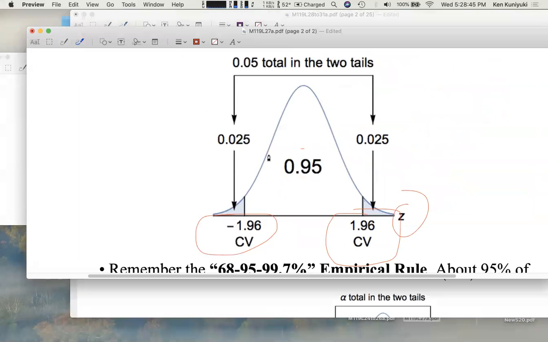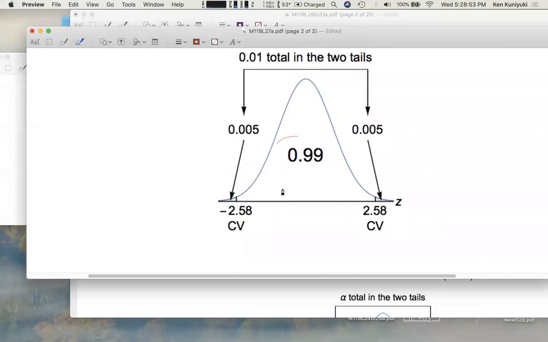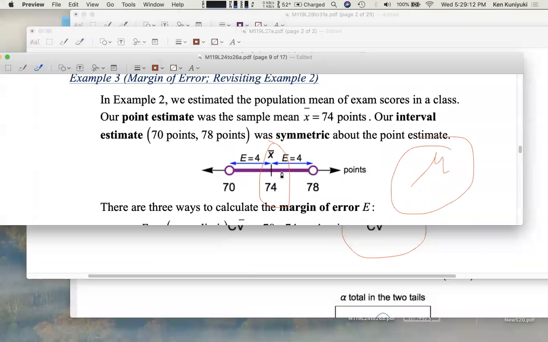For a 95% confidence interval, the positive critical value for z was 1.96. For a 99% confidence interval down here, the positive critical value was all the way up to 2.58. So the larger the confidence level is, going from 95% to 99%, say, the larger this positive critical value is. So then the margin of error will be bigger. This half width here will be bigger.